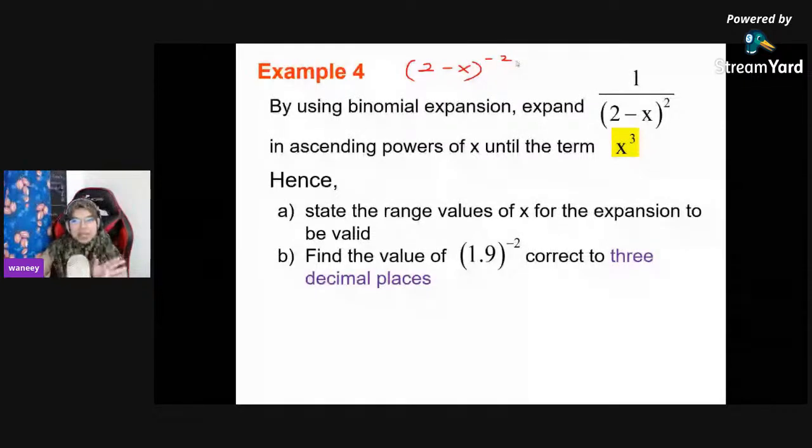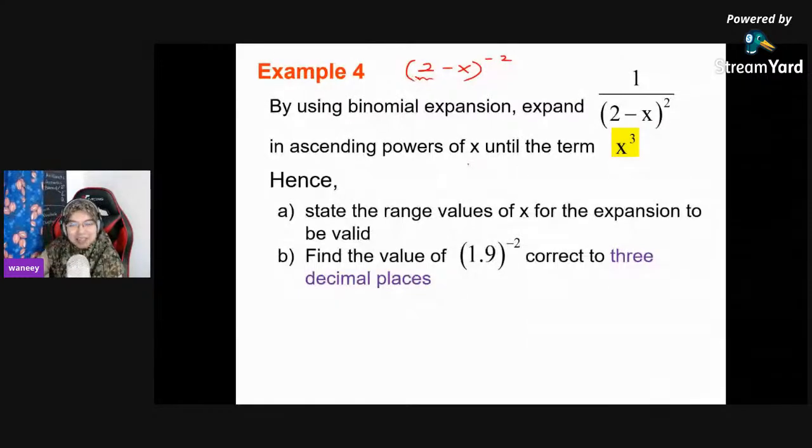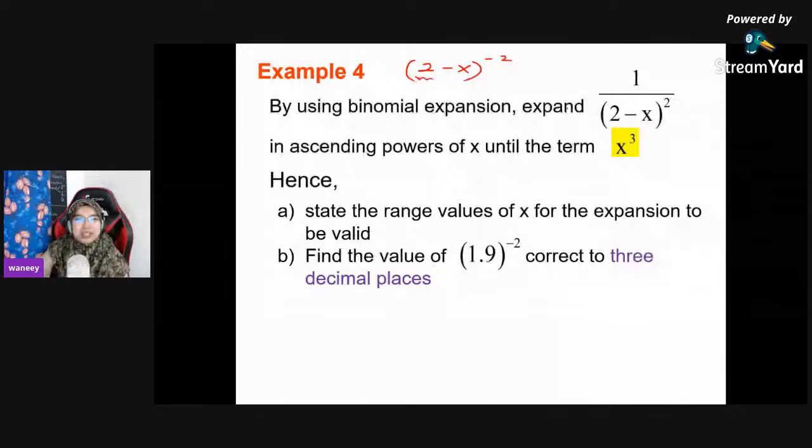But before you expand, another thing to take note of is that the first digit is not 1. So you should factorize them first and then apply the power. And then after that, you can actually expand them. So do make sure to factorize this one first and then use the formula.